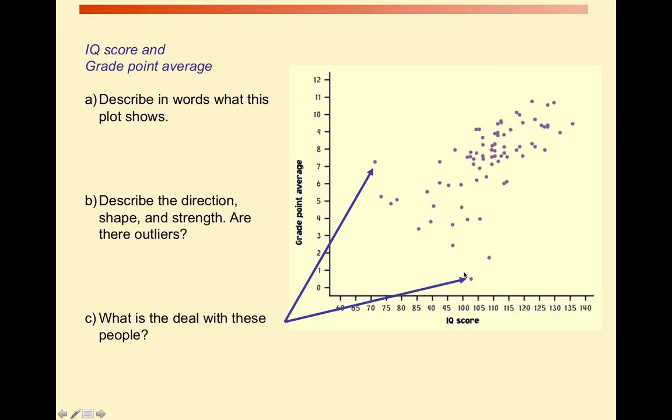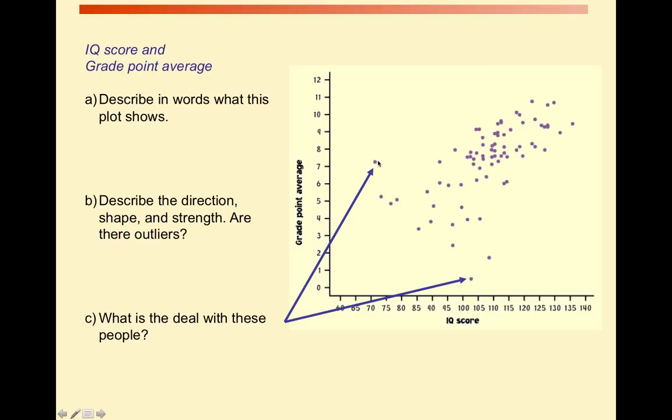Again, I would expect from my relationship that higher IQ scores have higher GPA, and the data tends to show that. And because the data tends to show that, this point is unexpected, because it has a low IQ score and a high GPA, and this one also has a high IQ and a low GPA. So we might want to look at those 2 points.